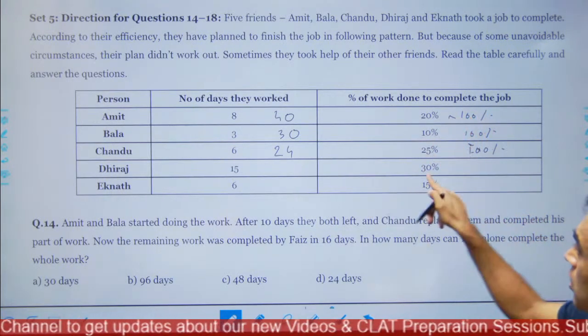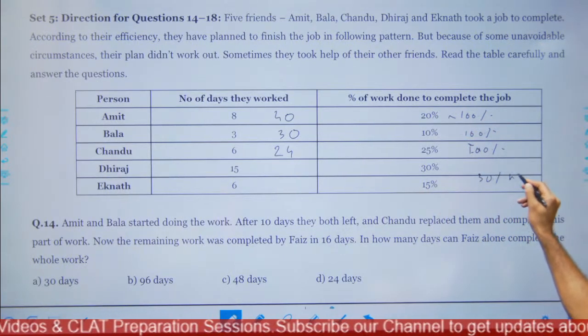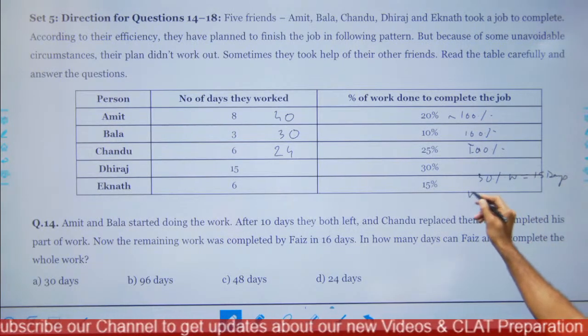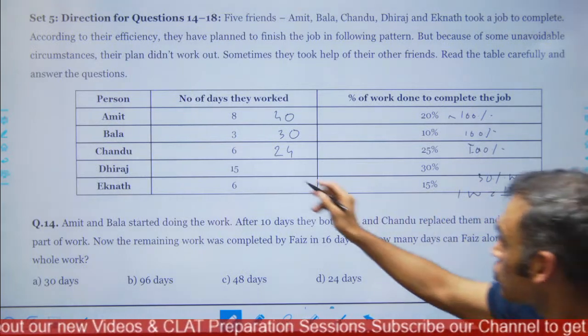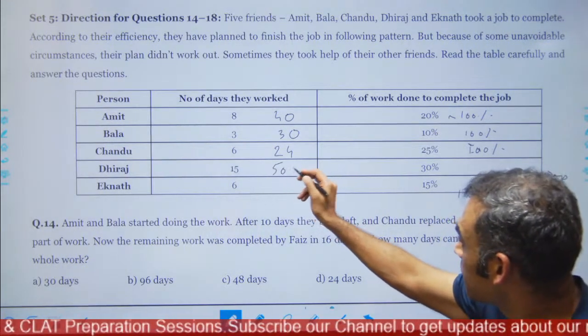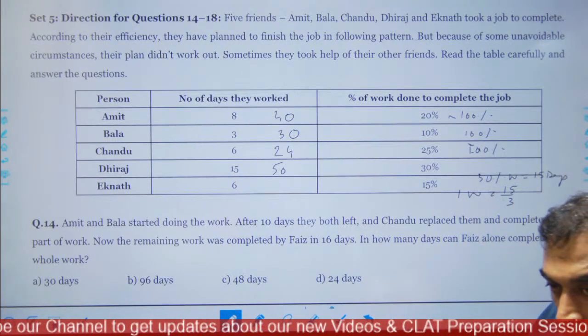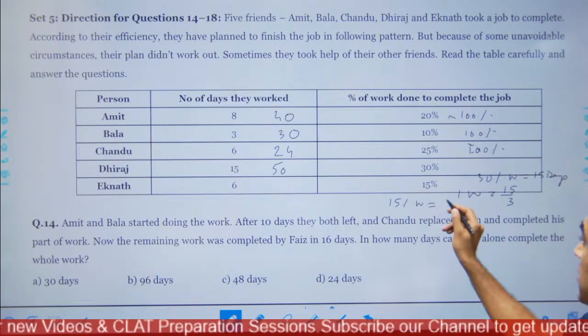ठीक है? 30% of work. So 30% of work takes 15 days. So one work will take how much time? 15 divided by 0.3. So this will become 50 days. Right? 15% of work takes 6 days.